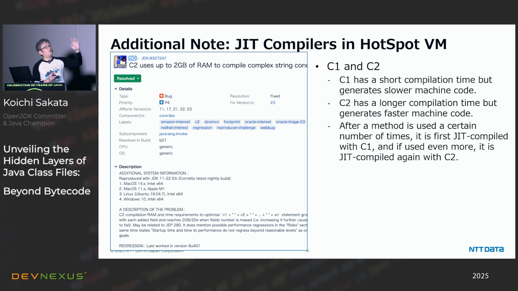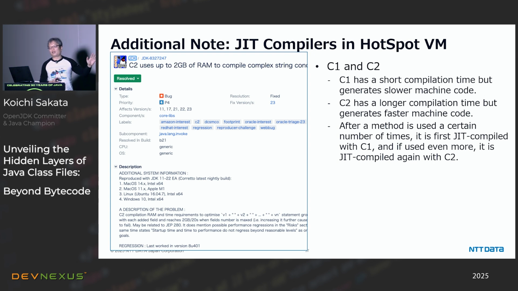This is an additional note. The JVM in the OpenJDK is called HotSpot VM. It has two JIT compilers, C1 and C2. The HotSpot VM uses both by default, which is called tiered compilation.